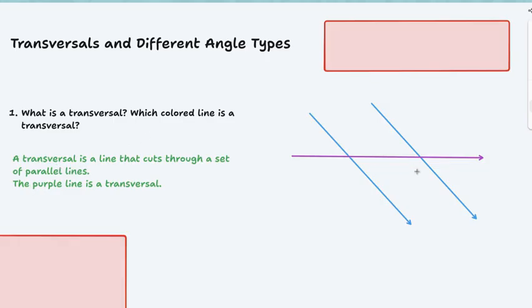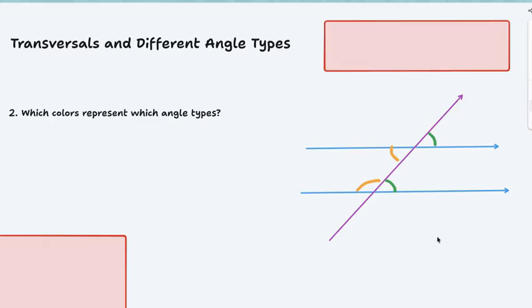In this case, the purple line was a transversal because this purple line, as you can see here, cut through this set of parallel lines, and you know that it cut through it because it is not a parallel line and it created points of intersection. So if you said that, then you get this question correct. Good job. Now let's move on to the next question.